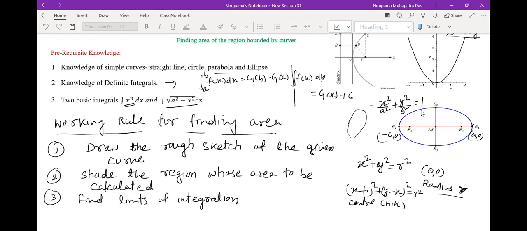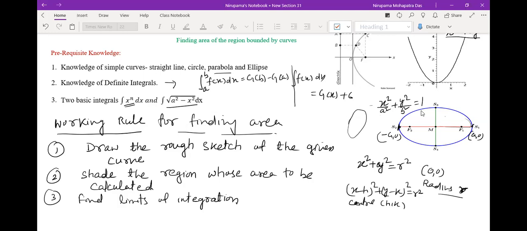In the case of a simple curve, from the figure itself, suppose I ask you to find the area of the region bounded by this ellipse. Obviously the lower limit is minus a and the upper limit is a. Or you can use the property of the ellipse: it is symmetric about both the axes, so both the axes divide the ellipse into 4 equal parts.